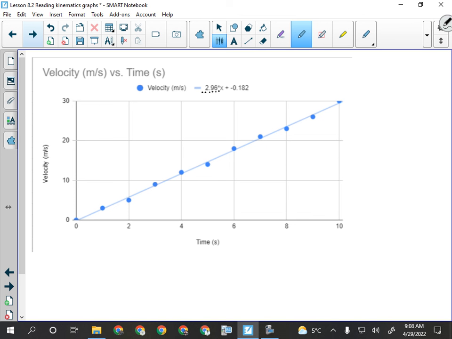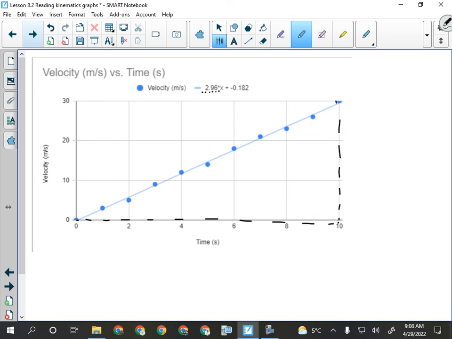Calculate the displacement of this object over 10 seconds. And you can assume that it starts at 0. Okay, how'd you do that? 30 times 10 divided by 2, right? You found the area of this triangle.